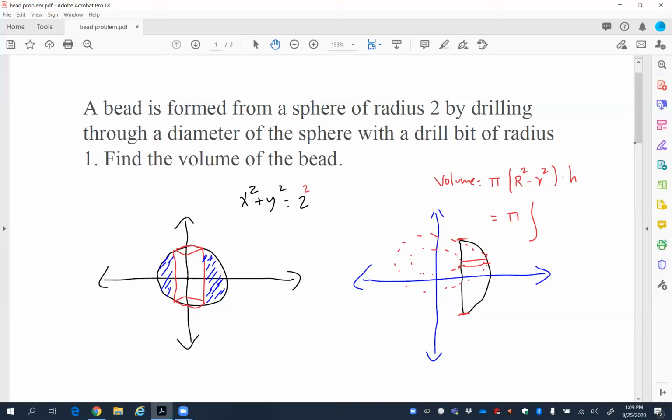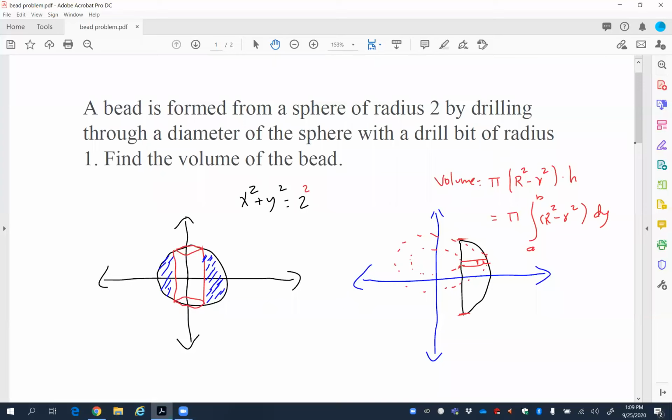So let's find out that y value, let's say a to b for now, of pi times the radius of outer circle squared minus the radius of inner circle squared, which would be a function of y, times dy. This dy is actually the height of this washer. So that's why it's a dy.